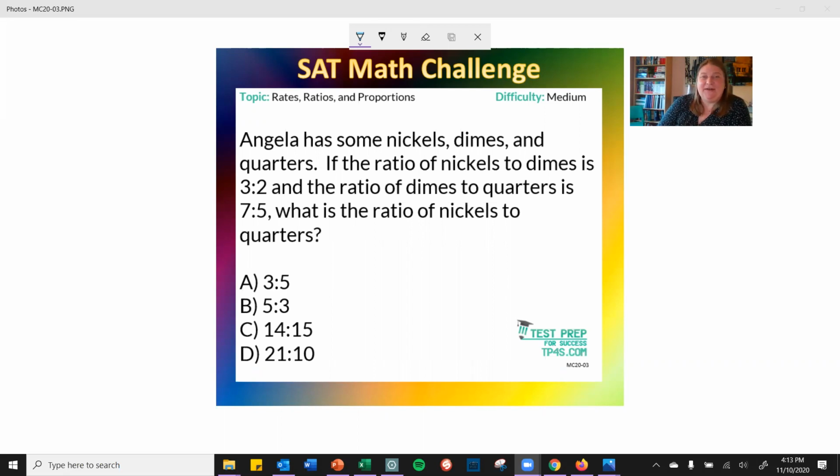This is a ratio question and it's medium because we do have a triple ratio here. In this question, Angela has nickels, dimes, and quarters. The ratio of nickels to dimes is 3 to 2.